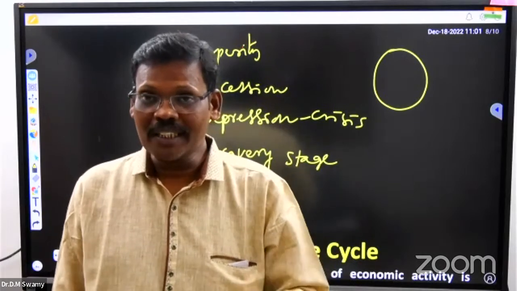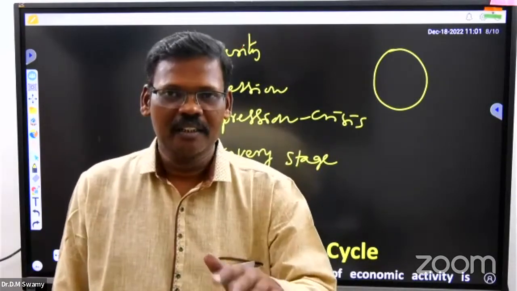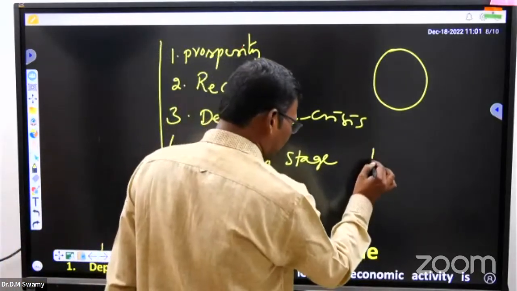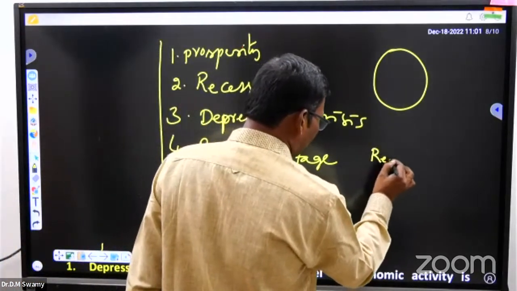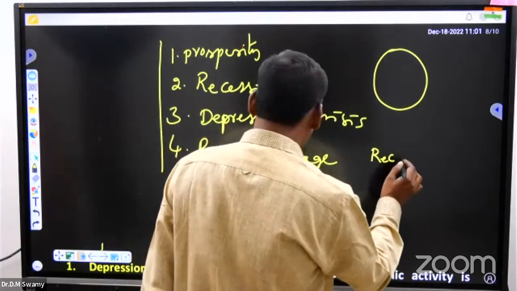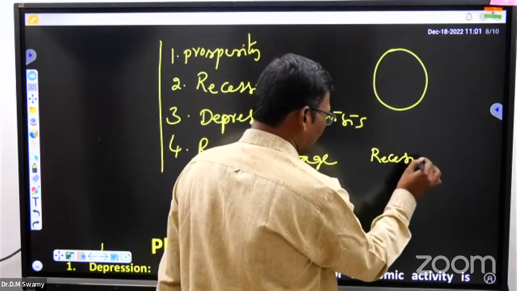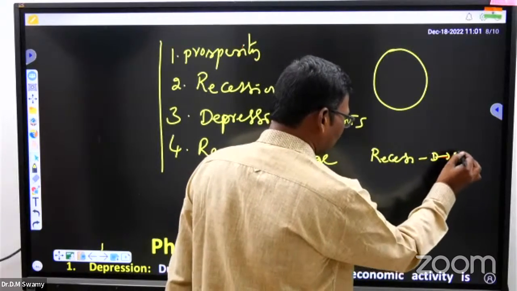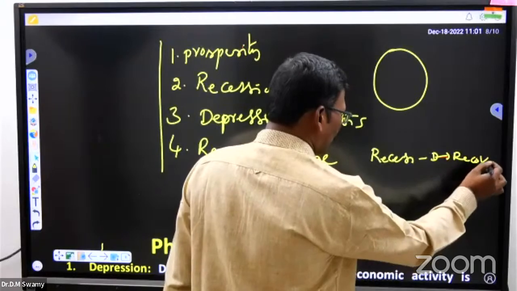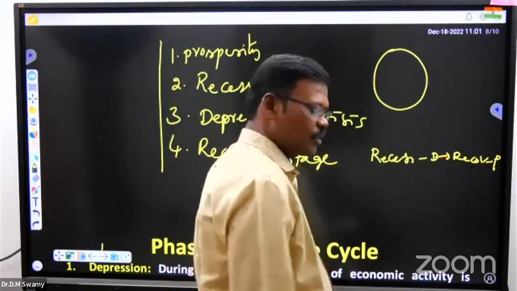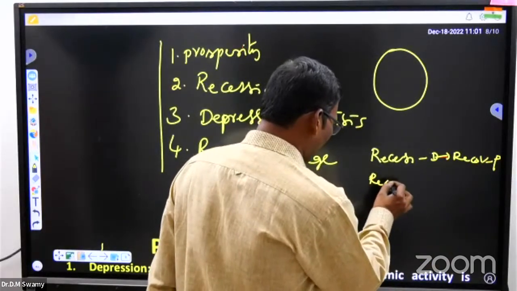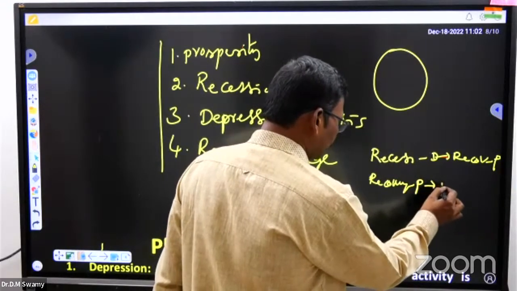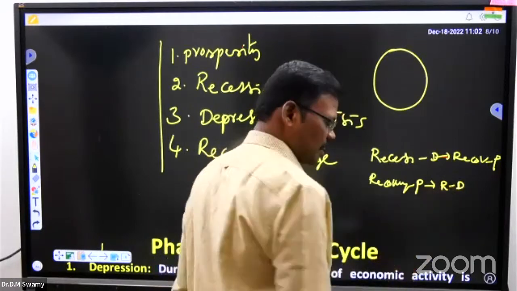But once any phase has started, this will be the sequence. For example, if you start with a recession, after the recession, immediately it will be the depression, then recovery, then prosperity. Suppose it started with recovery: immediately prosperity, then recession, then depression.